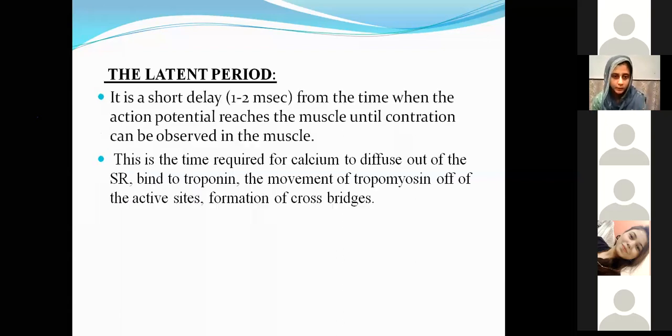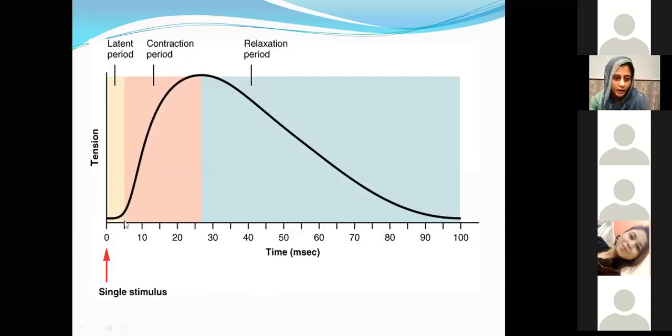मैं graph दिखा देती हूँ पहले. This is a graph basically जब हम action potential generate करते हैं, sciatic nerve को expose किया और उसमें stimulus दिया, एक simple single stimulus दिया. जब single stimulus दिया तो muscle contract हो रहा है उसके जो 3 phases हैं, this graph shows all 3 phases.